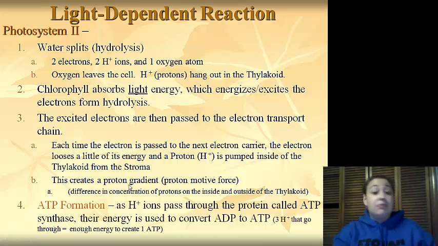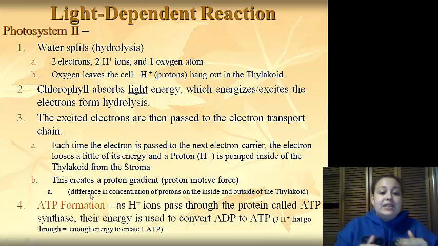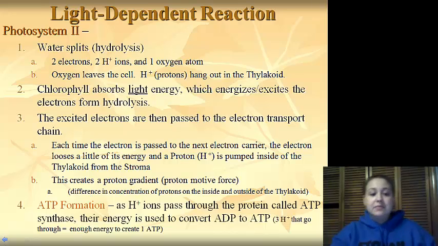This creates a proton gradient, also known as the proton motive force. It is a difference in the concentration of protons, so there are going to be more on the inside than on the outside.